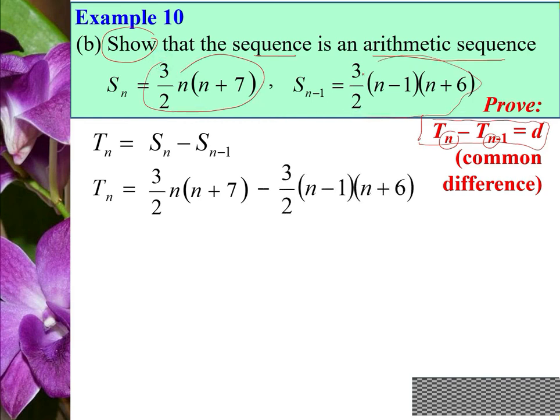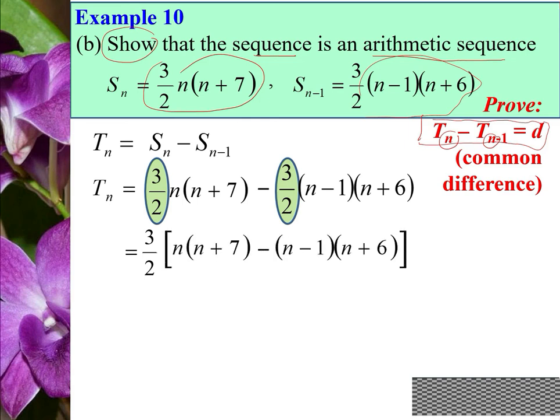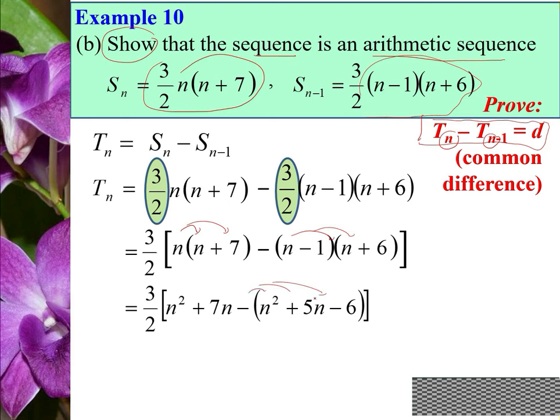Since both of these have 3 over 2, to simplify this problem, we can factorize 3 over 2 and then leave everything inside a big parenthesis. Next, expand inside the brackets. Be careful with the negative outside of this parenthesis. Expand this negative and simplify this expression inside the parentheses. And then you get 2n plus 6.